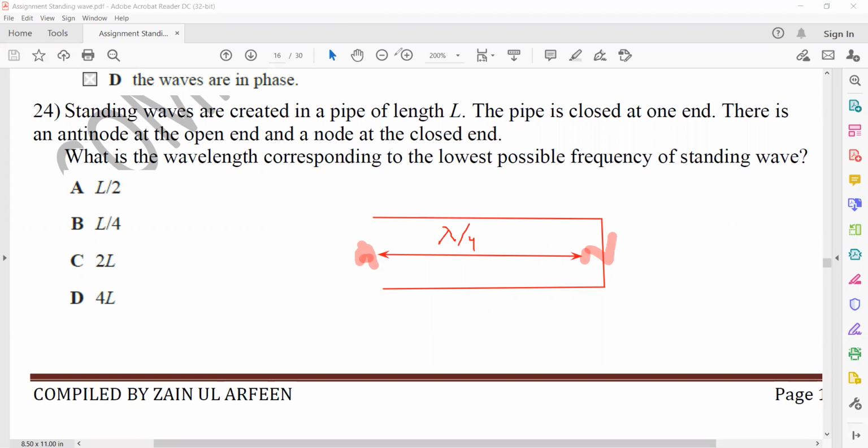So the length of this pipe is equal to a quarter of the wavelength. So lambda by 4 is equal to L, or the wavelength is equal to 4 times L. So D will be the right answer for question 24.